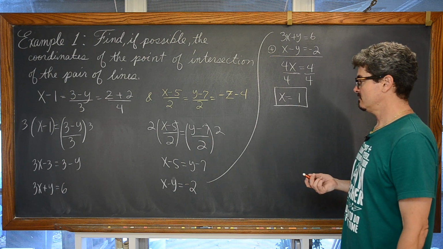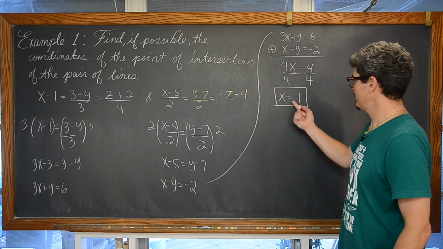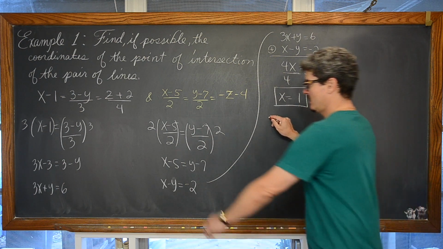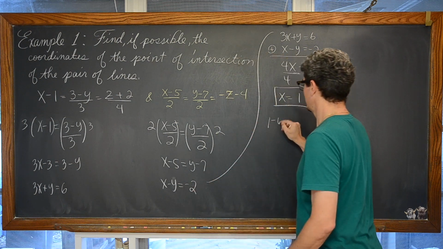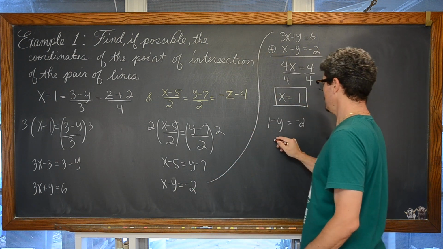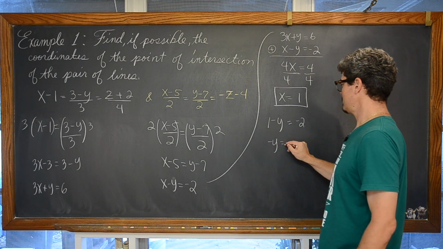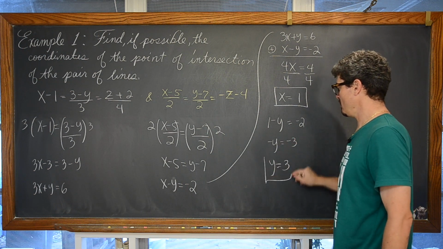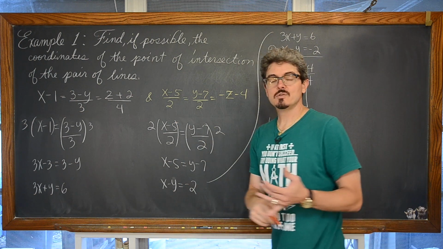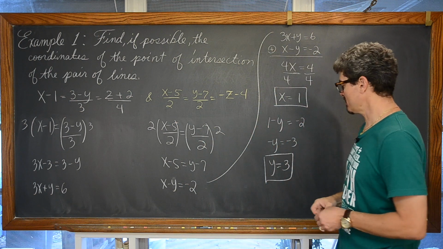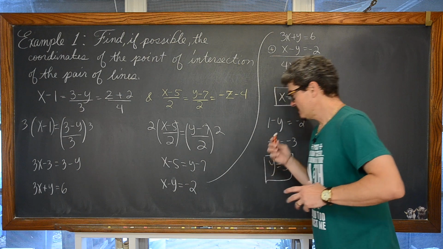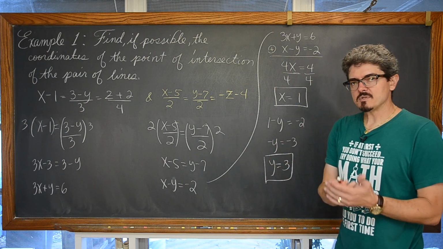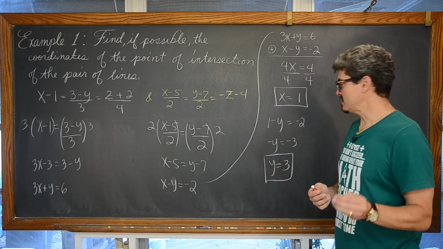Now we're going to say, well, if x equals 1, we have 1 minus y is equal to -2, negative y is equal to -3, and y is equal to 3. So we actually already have 2 of our 3 parts of this coordinate. For finding out what z is equal to, don't get lazy.